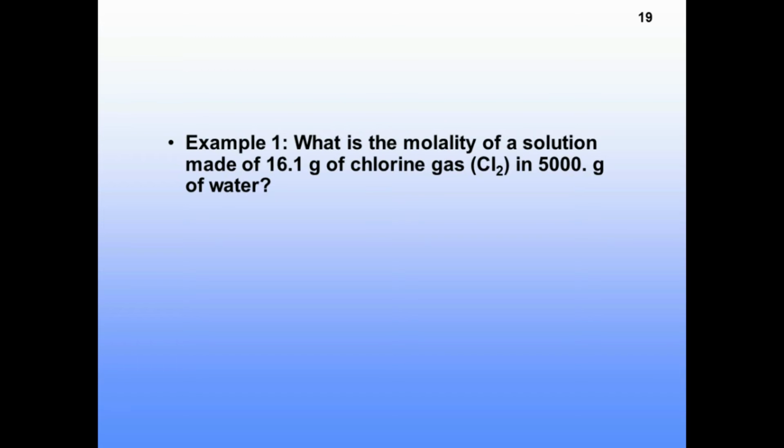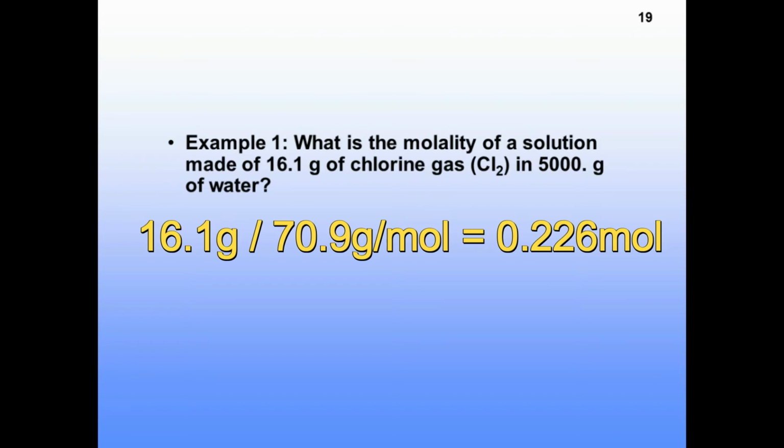So we need to find this one. So 16.1 grams of Cl2. 35.45 times 2 is 70.9. Divide that by that. You're going to have 3 decimal places on this one. 0.227.